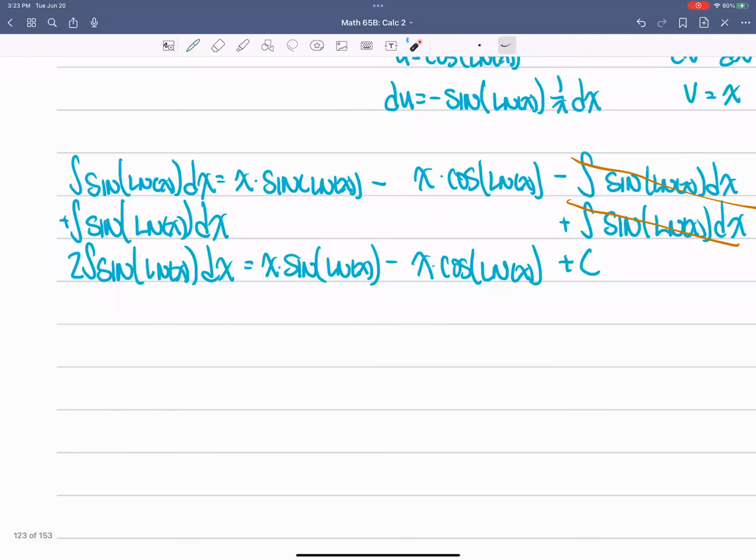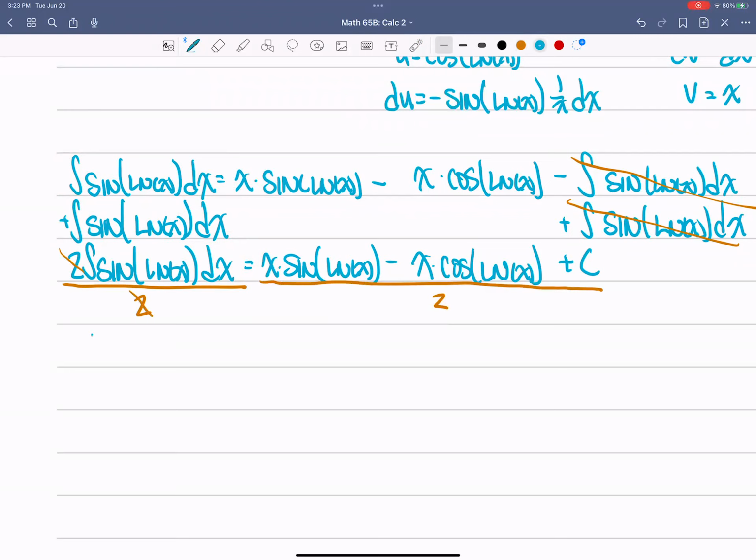And one thing that we have, the original question was: what's the integral of sine of ln of x dx? And here we have that, but we have it doubled. So what I'm going to do is divide both sides by 2. These are going to divide out.